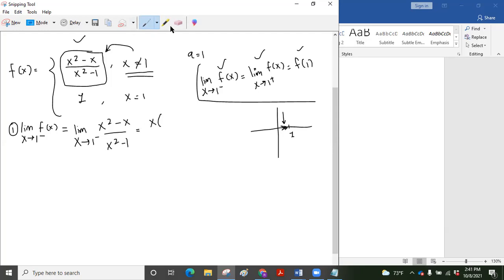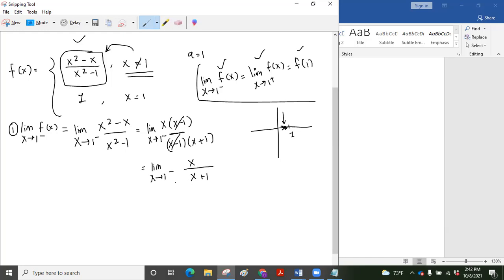This is the same thing as the limit as x approaches 1 from the left of x times x minus 1 over the difference of squares, x minus 1 times x plus 1. These x minus 1's cancel out. So the limit as x approaches 1 from the left is x over x plus 1.